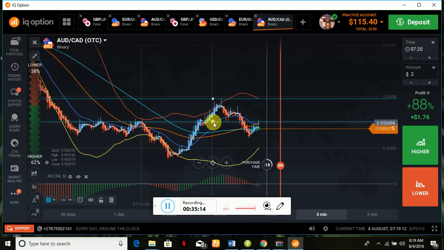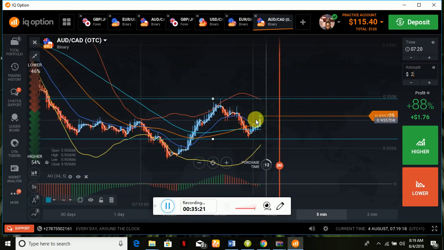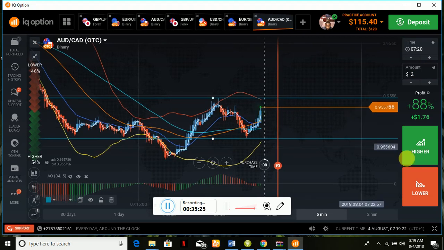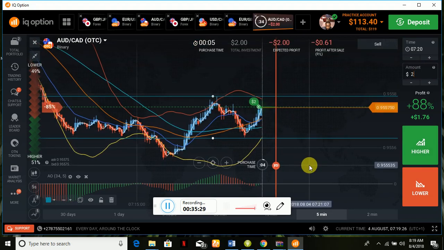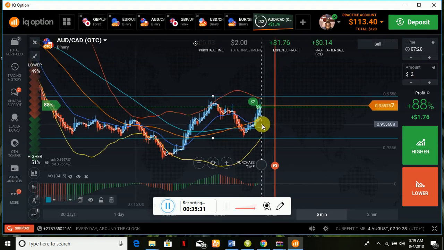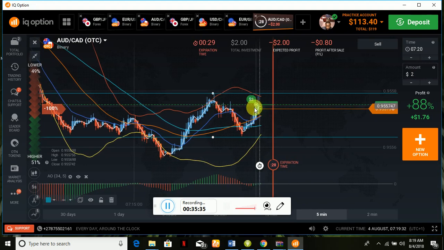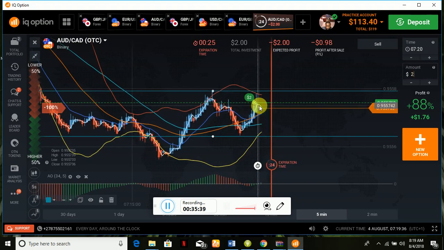Let's see that. We move this one here. As you can see, they cross here. You say higher. They have crossed here and they have tested at the bottom here. You have to say higher there.